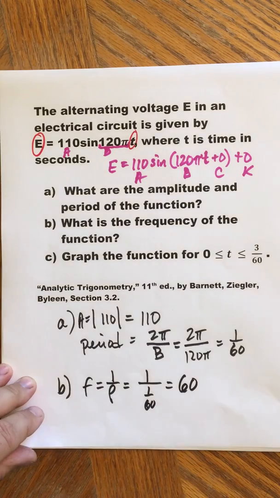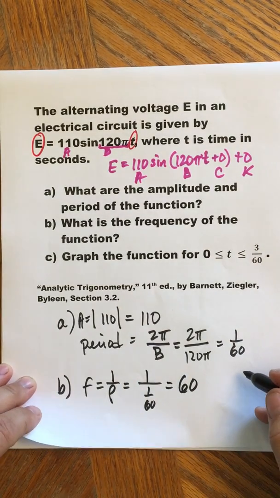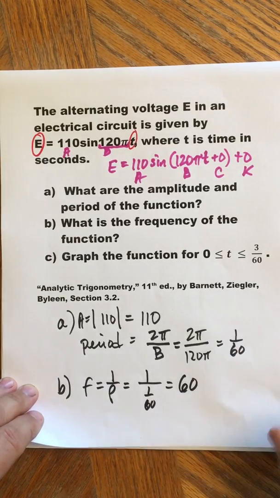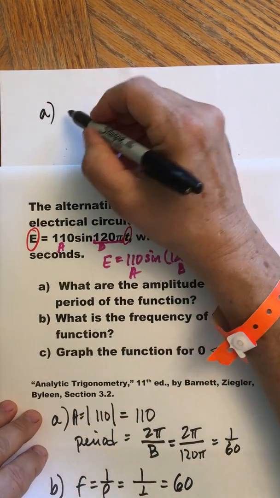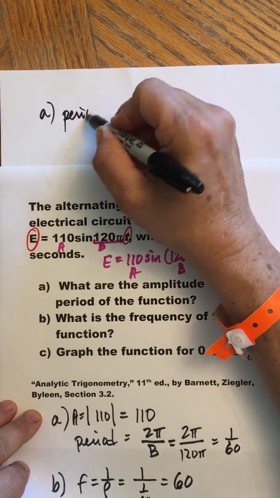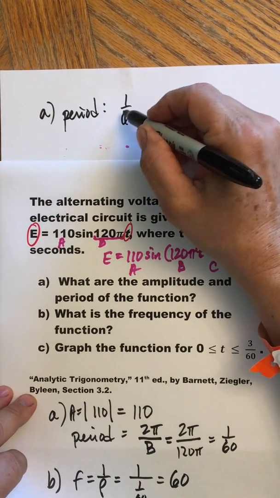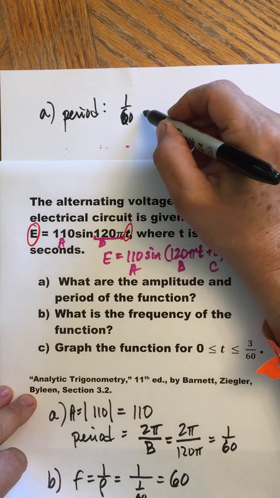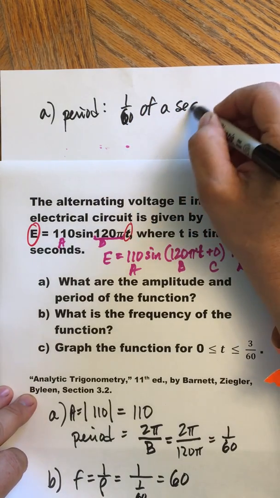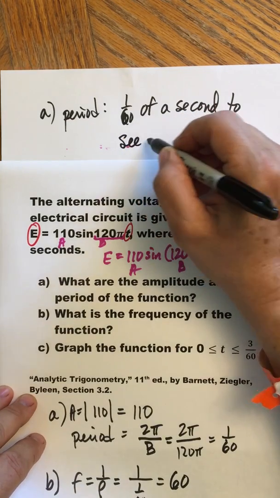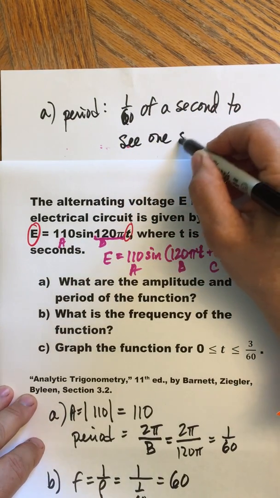What that means is the interpretation for the period: it takes 1/60th of a second to see one sine wave.